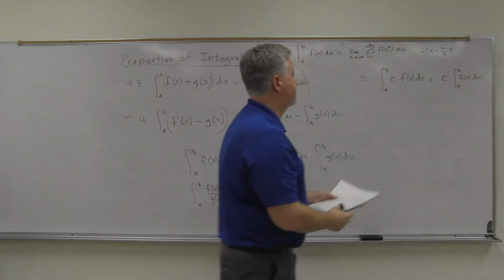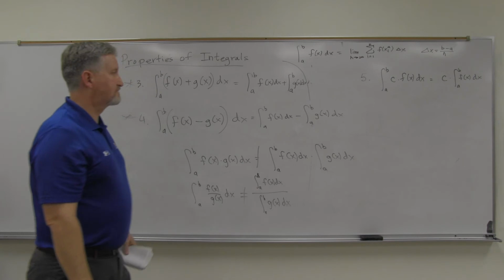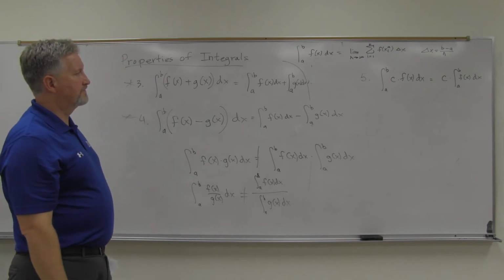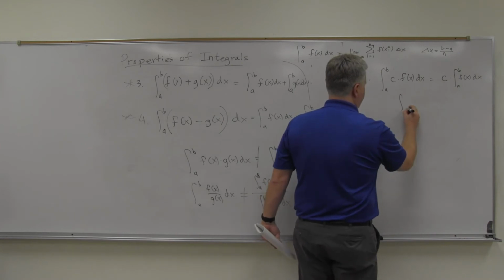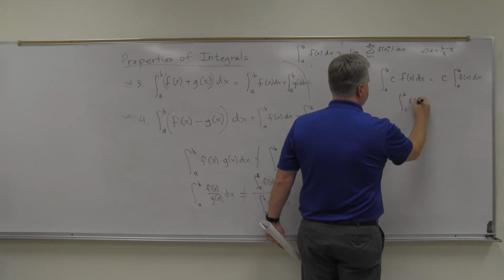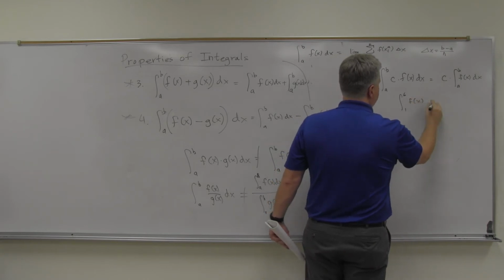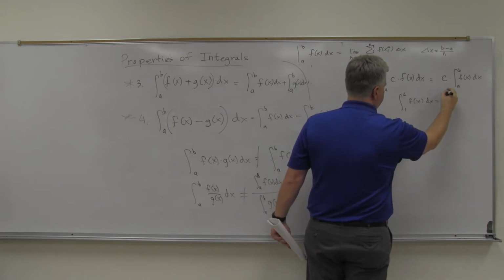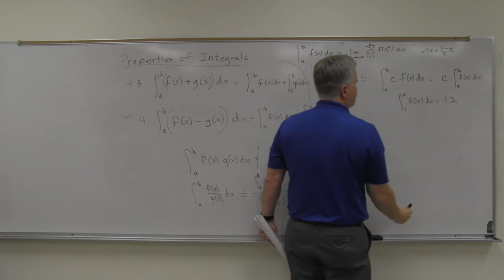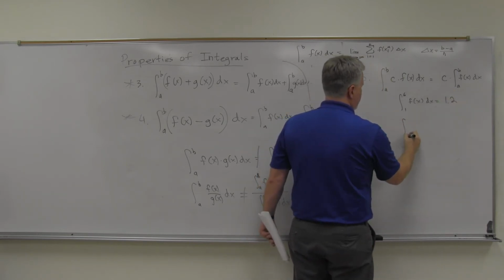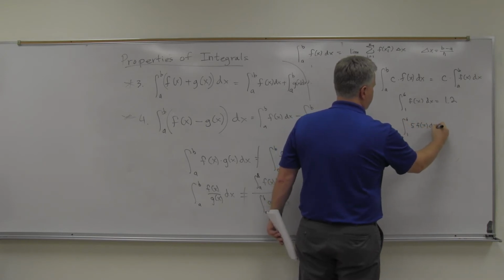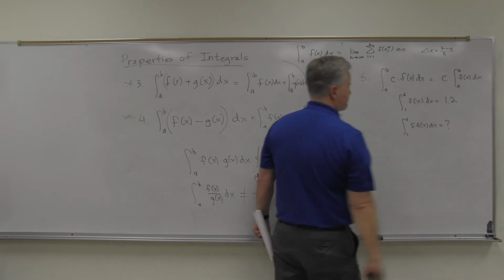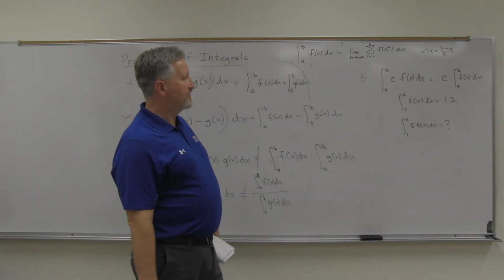That's kind of nice. So if I have the integral from 1 to 6 of f of x dx is 1.2, what's the integral from 1 to 6 of 5 f of x dx? Well, you can do that.